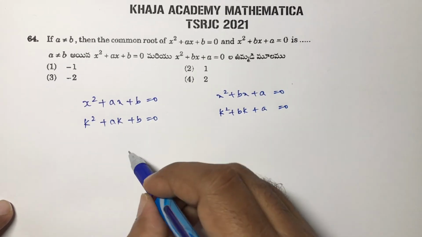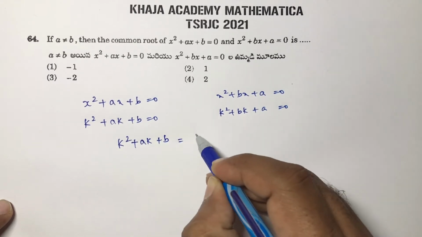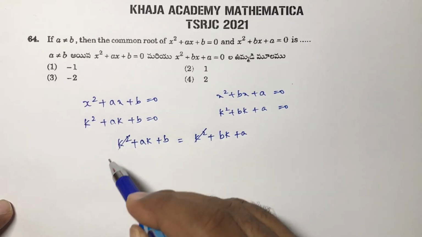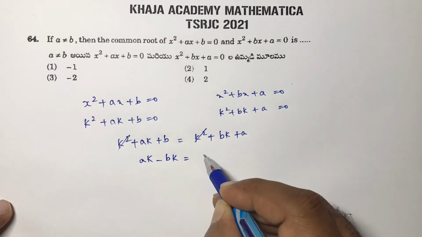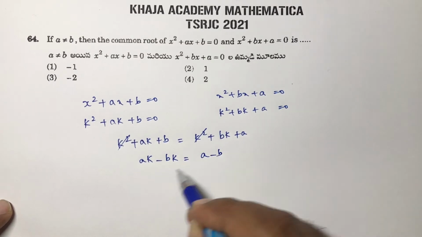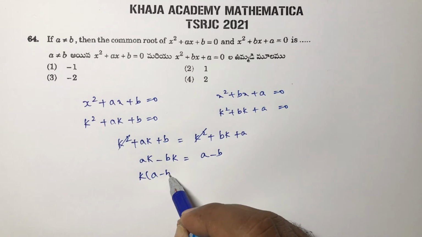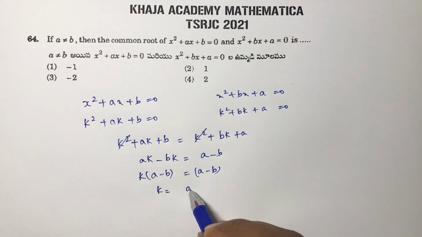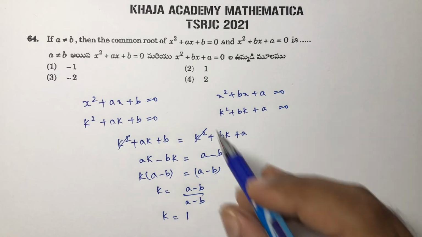Equate both equations: k square plus ak plus b equals k square plus bk plus a. K square cancels. So ak minus bk equals a minus b. Taking k common, you get k times (a minus b) equals (a minus b). So k is a minus b by a minus b, so the value of k is 1. So the correct option is 2.